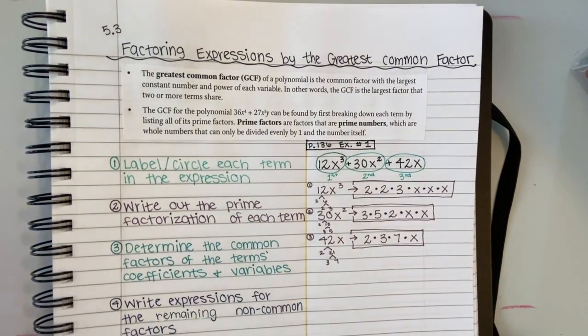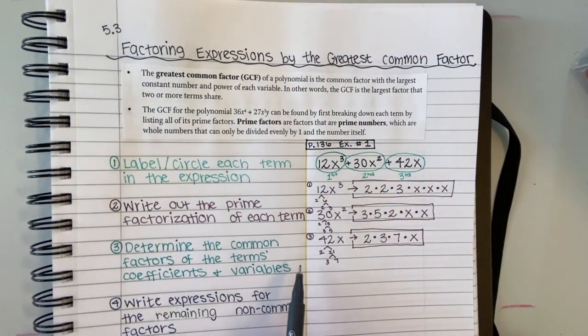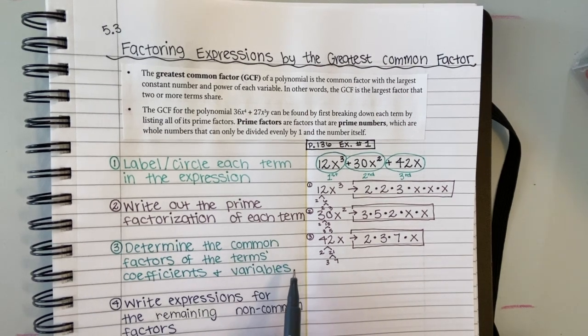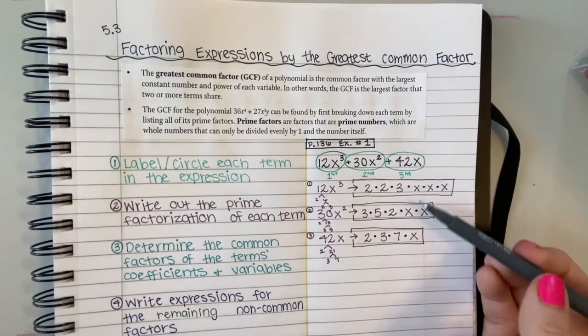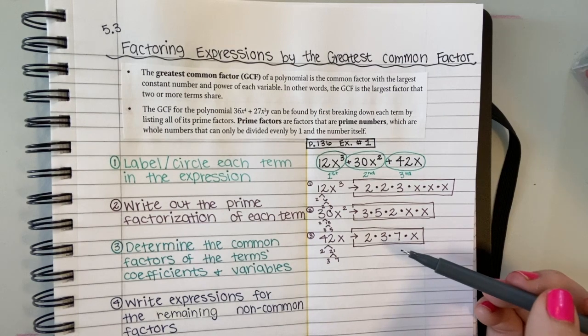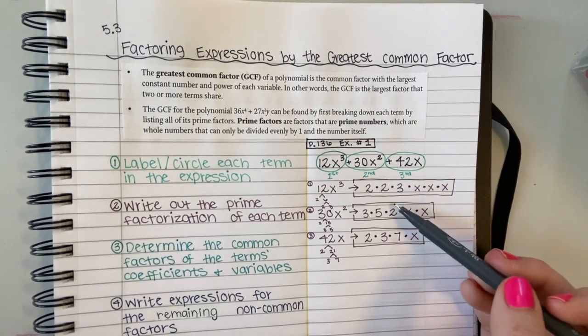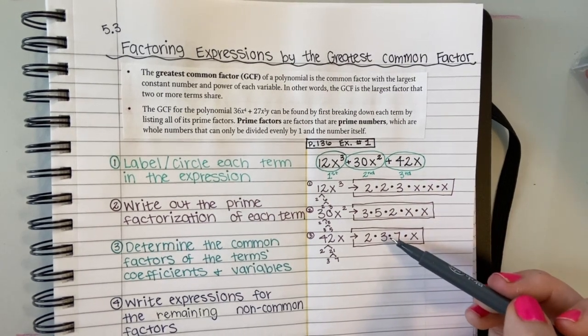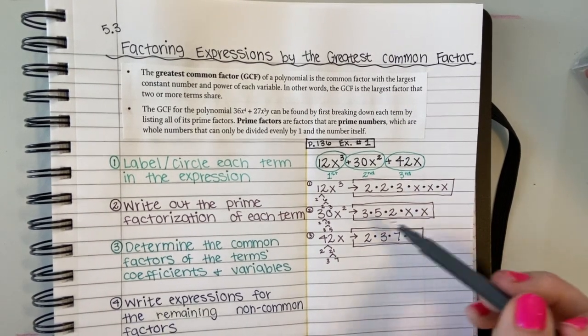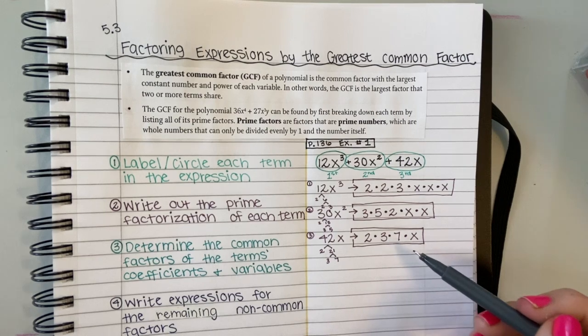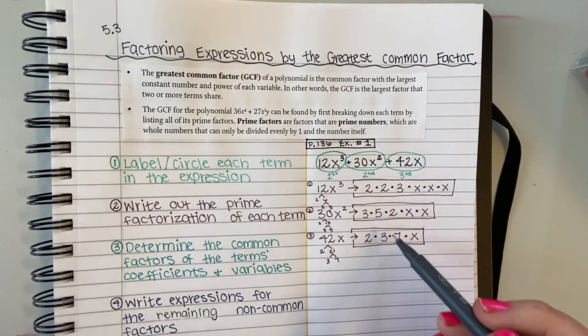My next step is to determine the common factors of the terms, coefficients, and variables. Since I have 3 terms, I know that my common factors have to be common amongst all 3 terms. You can't just find the common factor on 2 of the terms because that's leaving out the third. We need stuff that's in common for all 3.